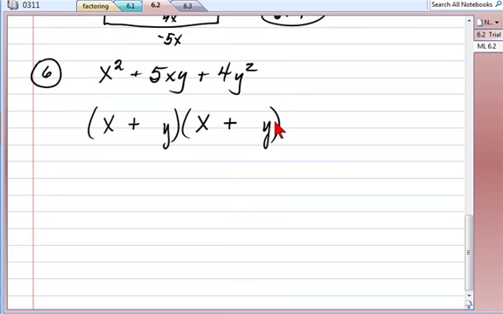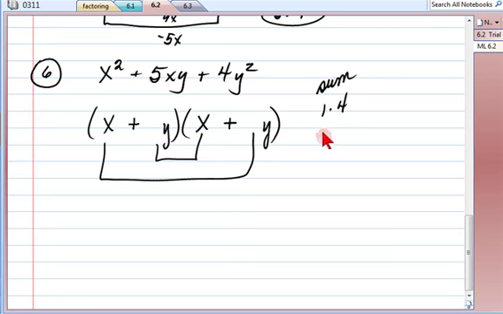All right, now my outer and my inner, because they're both positive, I'm going to be looking for a sum of 5. So for 4, it could be 1 times 4 or 2 times 2. Which of those will give me a sum of 5? 1 and 4. And it doesn't matter at all where I put them because it's all pluses. Check it. x times x is x squared.